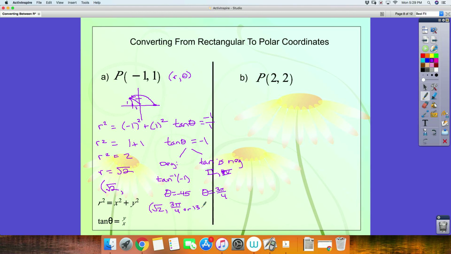Now, why I love this example is because, remember, we could also start at a negative square root 2, and that's where we would use our negative 45 degrees, or it would still be 3 pi over 4. So you have to think about which quadrant am I in.